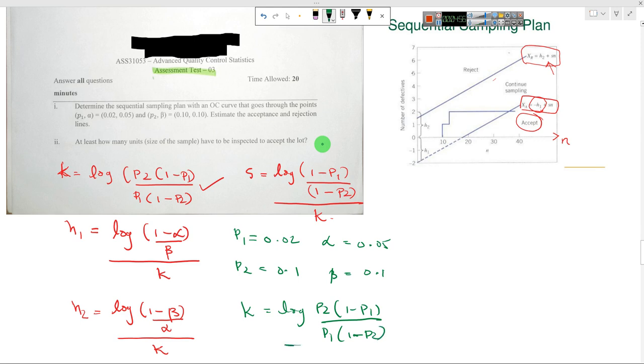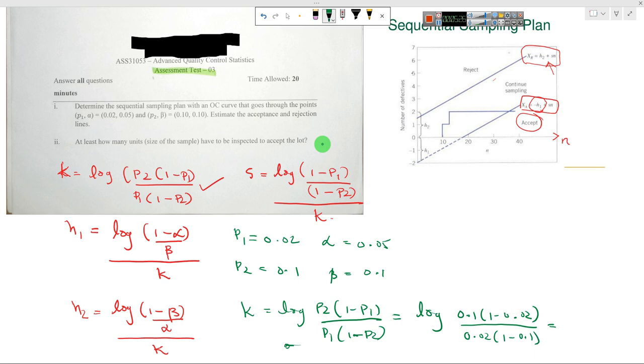Now we will substitute: log of 0.1 into 1 minus 0.02 divided by 0.02 into 1 minus 0.1. You have to be very careful while substituting the values, because an error will bring you to an incorrect answer.